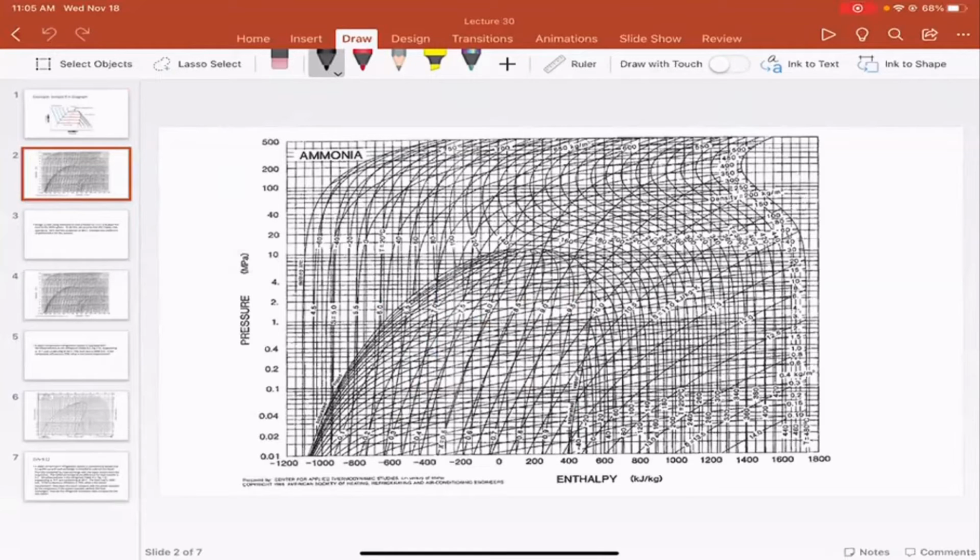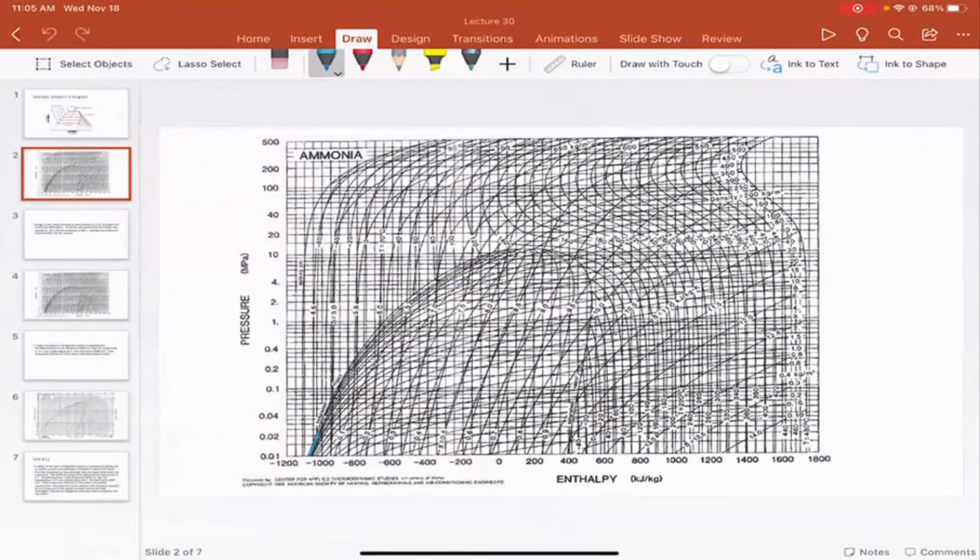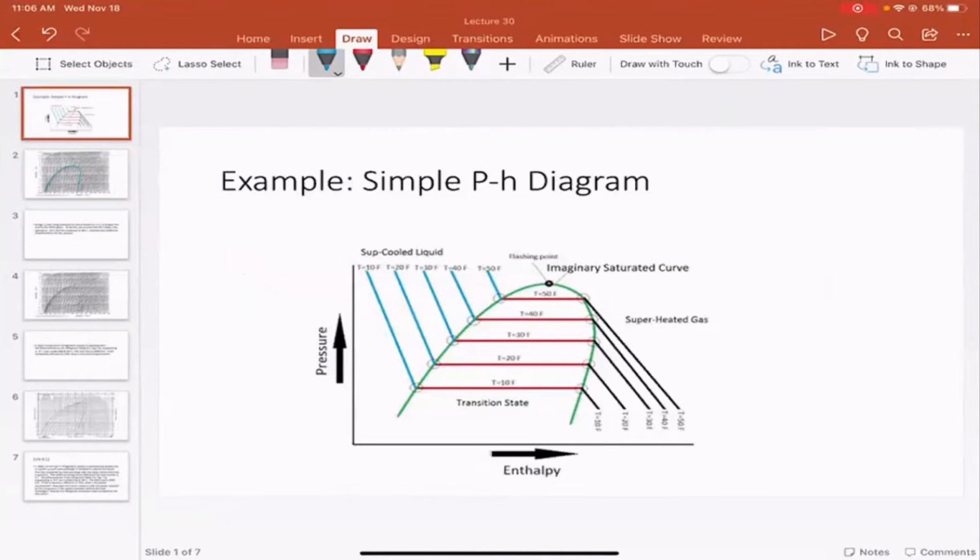I'm going to try to step through this relatively slowly. Hopefully you can see that we have our saturated line here, where we have saturated liquid and saturated vapor. Also on this plot are the isotherms that I showed in the more simple diagram.